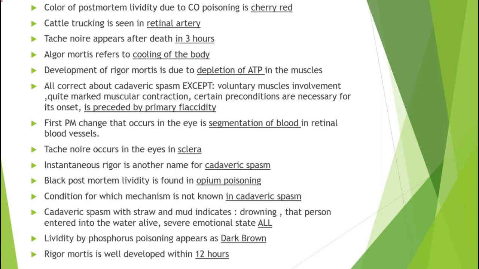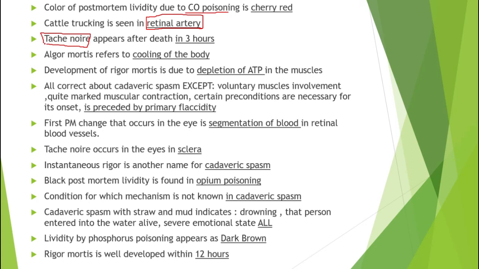The color of post-mortem lividity due to carbon monoxide poisoning is cherry red. And can you recall for me what was the color for opium poisoning? Yes, it was black. Cattle trucking is seen in a retinal artery, and the task that I had given you was to know why it's called trucking. And what's that? Can you read it for me? Please never call it that in viva.